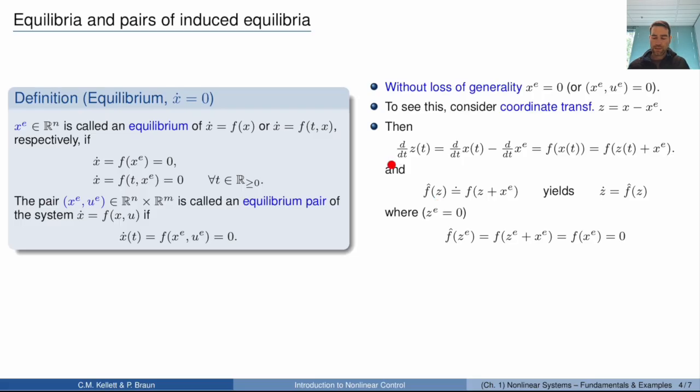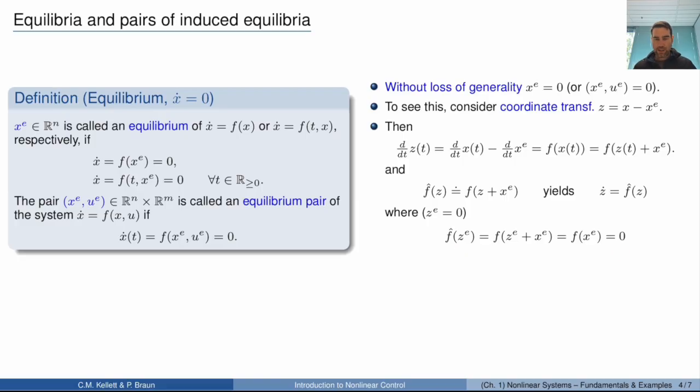By going through this calculation, we end up with a new differential equation, z dot is equal to f hat of z, and by design now this function satisfies f hat of 0 is equal to 0.